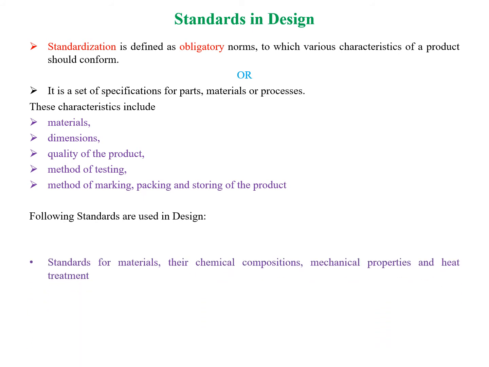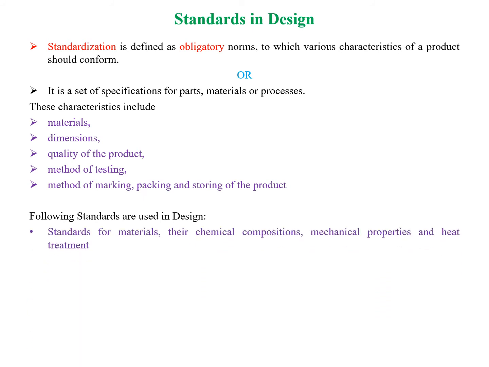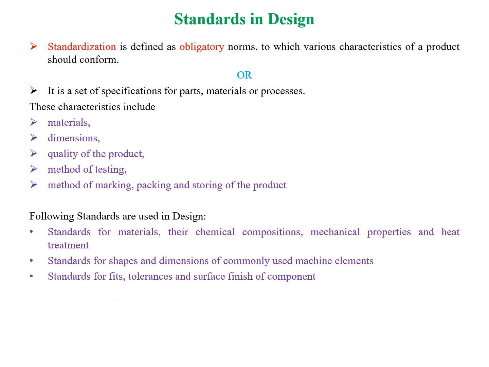Following are the standards we use in design. Standards for materials, their chemical composition, mechanical properties and heat treatment. Standards for shapes and dimensions of commonly used machine elements. Standards for fits, tolerances and surface finish of the component. Standards for testing of products, including the engineering drawing of the component.